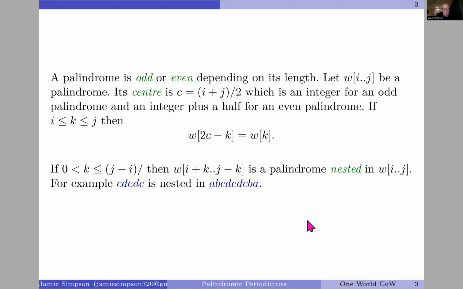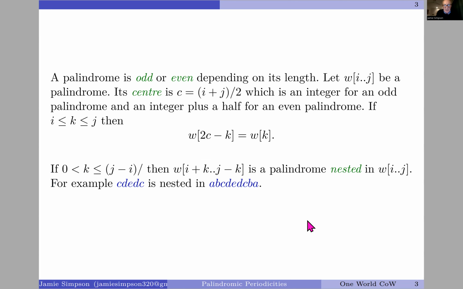Here's a bit more notation about palindromes. We say that a palindrome is odd or even, depending on its length. And it has a center, which is (i+j)/2. That's an integer if the palindrome is odd, and an integer plus a half if it's even. So if it's even, the center lies between two letters.